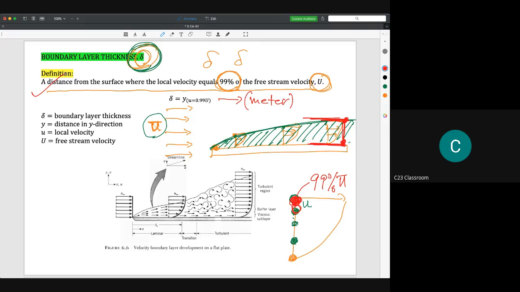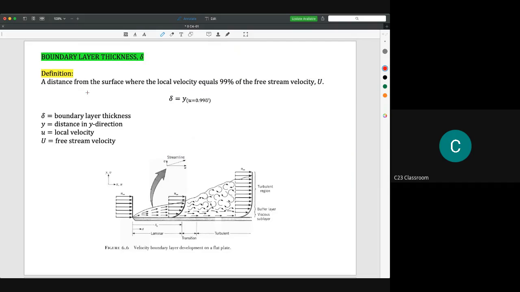Okay, and then this is the definition. We need to show this definition with a mathematical expression. So the mathematical expression for the boundary layer thickness is like this one. We write delta is the boundary layer thickness. It is equal to y. Why is it equal to y?